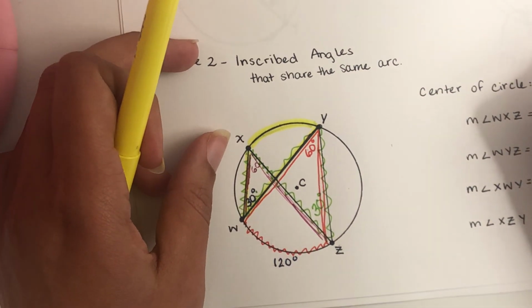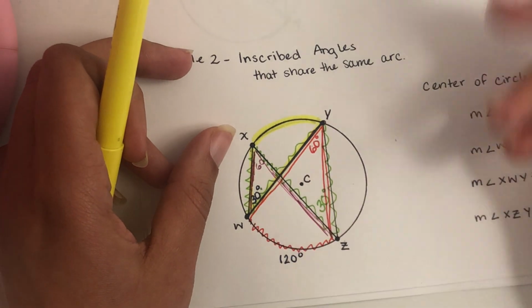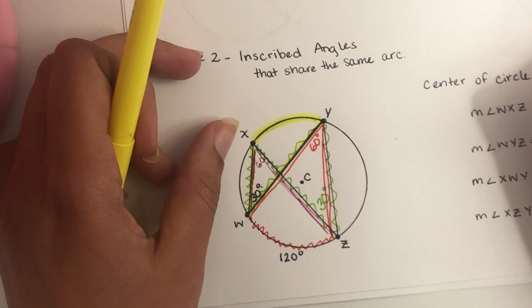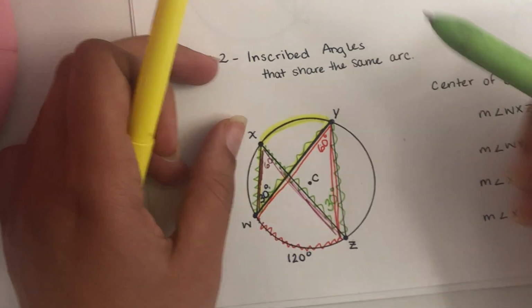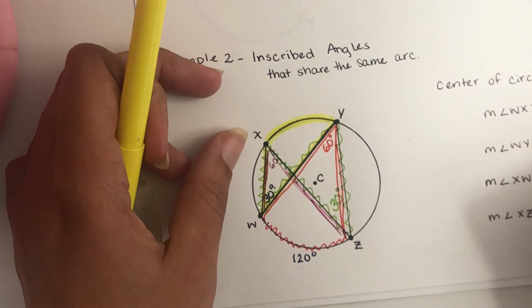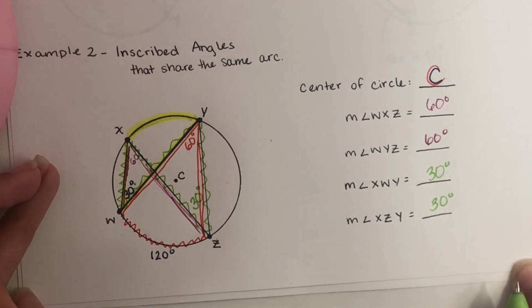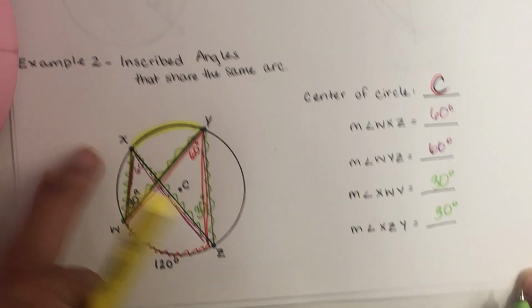WXZ, it is 60. WYZ, also 60. XWY, 30. And then this one is 30 as well. Okay, next page.